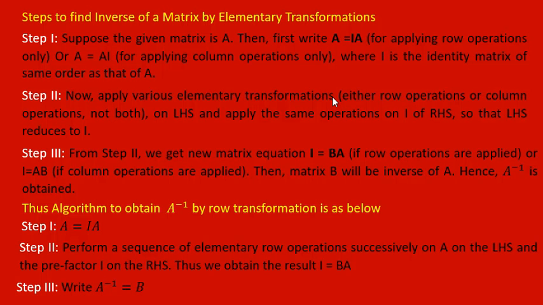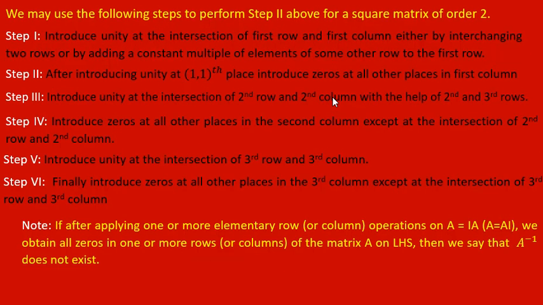So, how do we apply various elementary transformations to bring A to I? Now, it is not necessary that you follow these steps as they are. You can choose any way, whatever you like. But if you follow the problem in this sequential, stepwise manner, then you will get the answer.